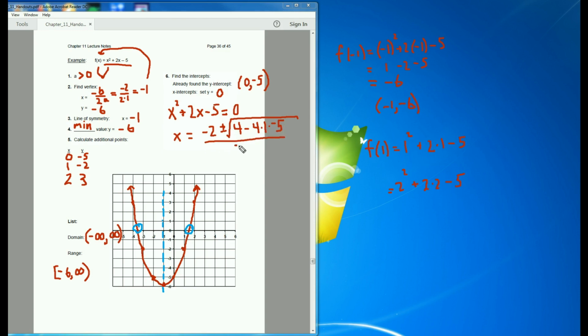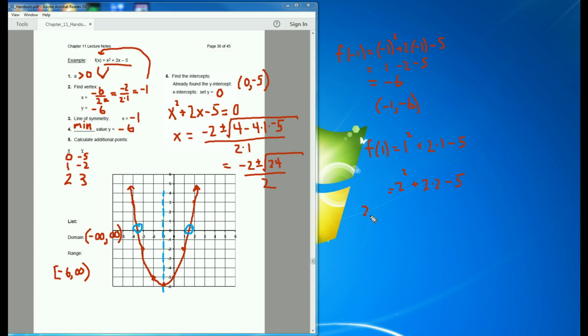All of that over 2 times a, which is 1. So -2 plus or minus the square root of, what do we have in here? We have 4 minus a minus 20, which turns into 4 plus 20, or 24, all divided by 2.